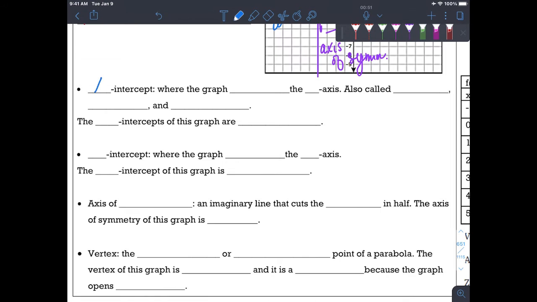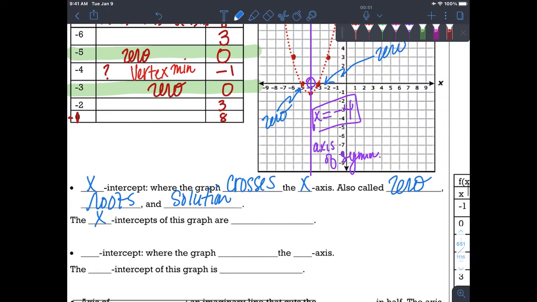So my x-intercept is where the graph crosses or touches my x-axis. We have all those other fancy words: zero, roots, solution. The x-intercepts for this particular graph are (-5, 0) and (-3, 0).